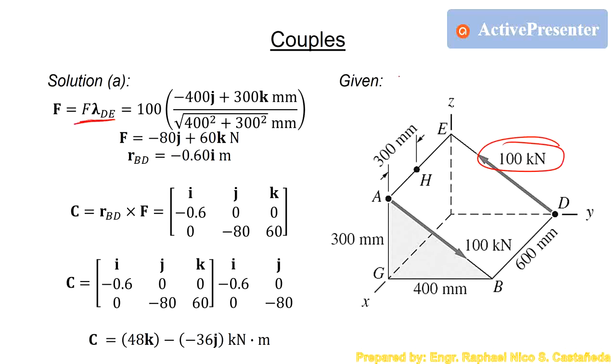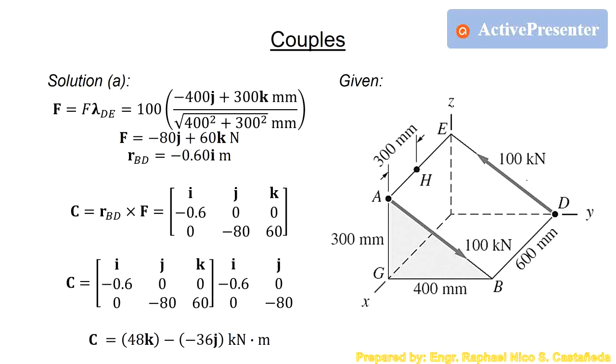Lambda DE is basically this one, negative 400J, then we have this one, which is 300K positive, divided by the magnitude RDE. Then we will get negative 80J plus 60K.